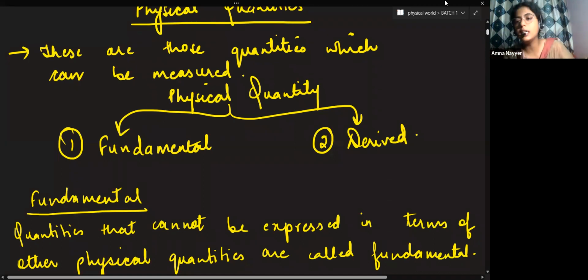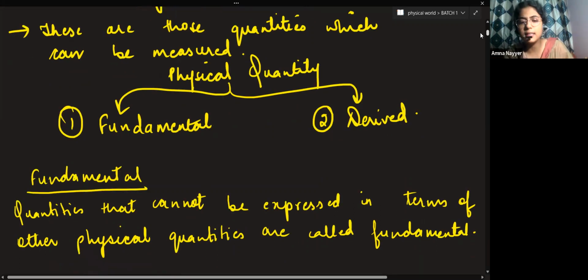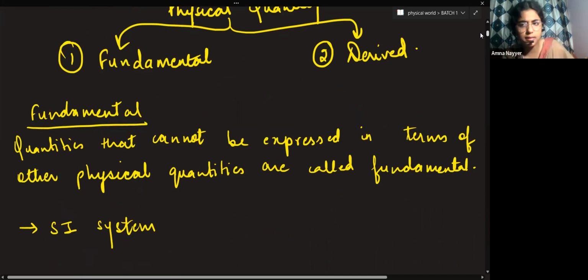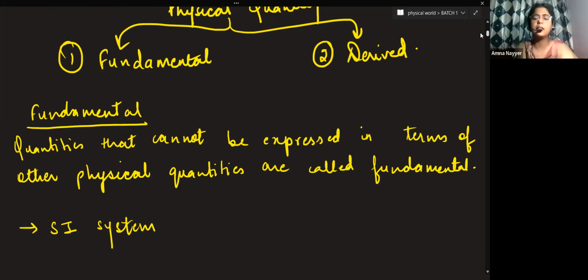So these quantities are known as fundamental quantities, and they are also not of a single type. In your SI system, have you heard of the term SI system, Maha? Yes, ma'am. That's great. The SI system is basically the standard international system, where you have the prescribed units.